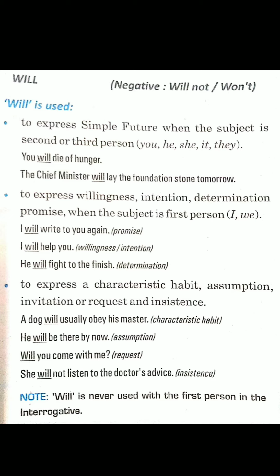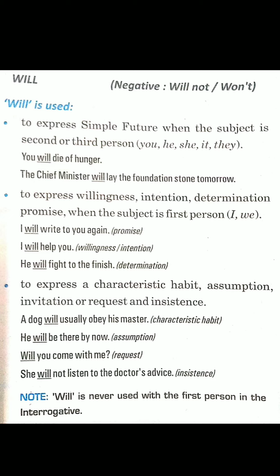Next, will is used with second and third person to express simple future, prediction, capacity, orders, habit, or characteristic. Here it is written that willingness, intention, determination, promise, we use when the subject is first person, I and we. That's how we use will.